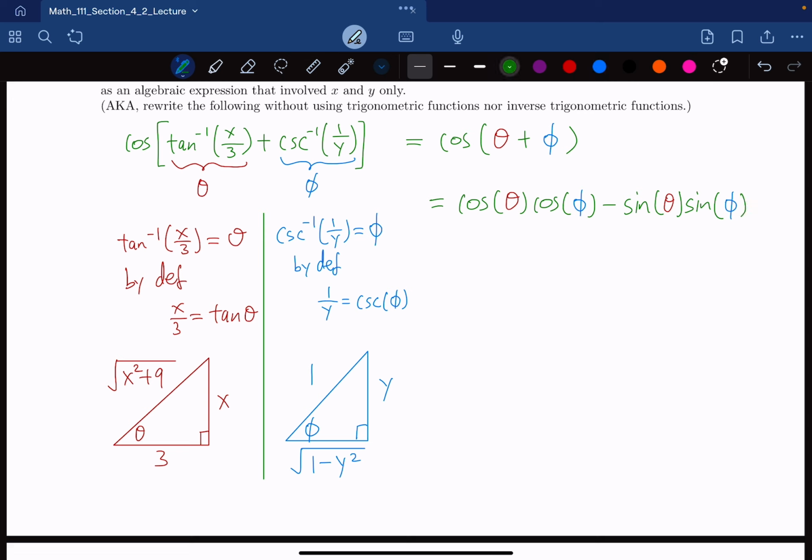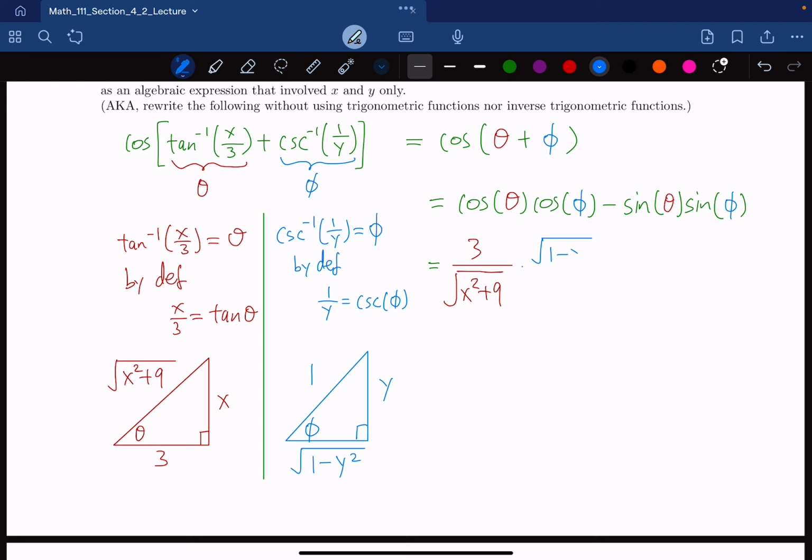So now the only thing I need to do here is to rewrite these expressions using the appropriate triangle. So for cosine of theta, I'm using the triangle on the left, and cosine is adjacent over hypotenuse. It's going to give me 3 over radical x squared plus 9. Cosine of phi uses the triangle on the right. Again, adjacent over hypotenuse.